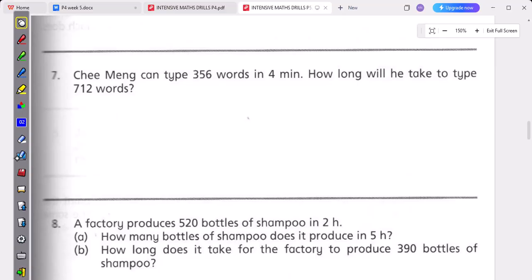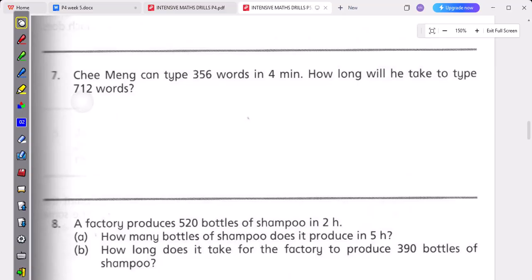Okay, Chimeng can type 356 words in 4 minutes. How long will he take to type 712 words? We need to find the information from the word problem first and change it into the math model. From the first information, Chimeng can type 356 words in 4 minutes.